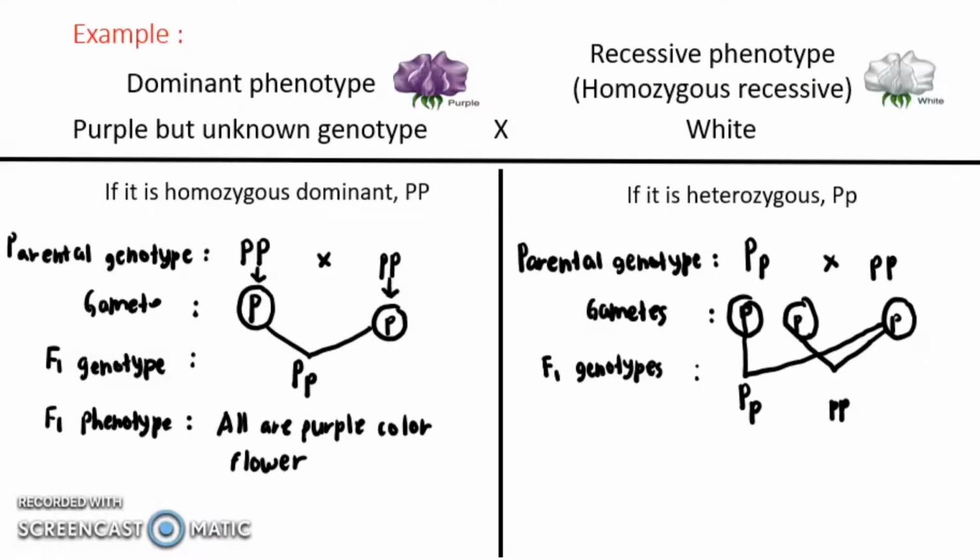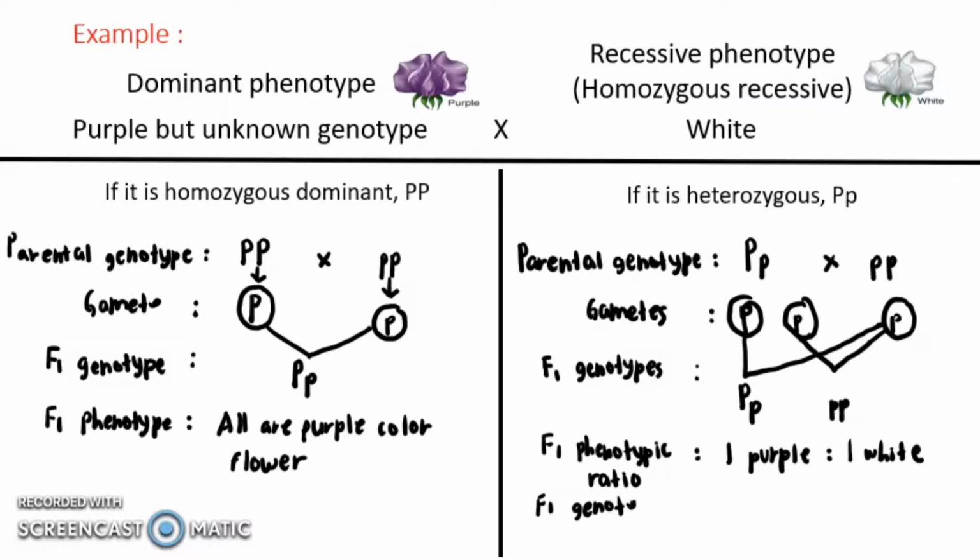So awak akan dapat the F1 phenotypic ratio, if it is heterozygous, is 1 purple to 1 white. And then its genotypic ratio. For this crossing, you will get 1 heterozygous P besar P kecil to 1 homozygous recessive.